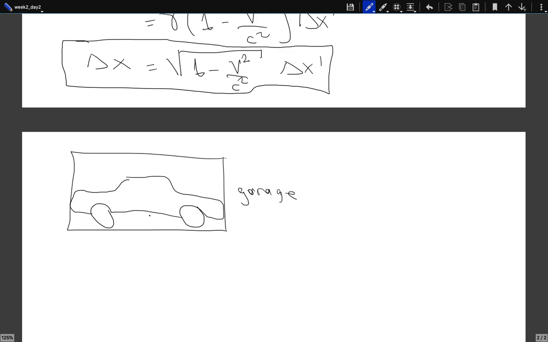Now let's assume that the car tries to enter the garage very fast, with speeds close to the speed of light. In the reference frame of the car, the garage will length contract, so the car will not fit. In the reference frame of the garage, in which the garage is at rest, the car will length contract, and hence it will easily fit. Which one is correct?